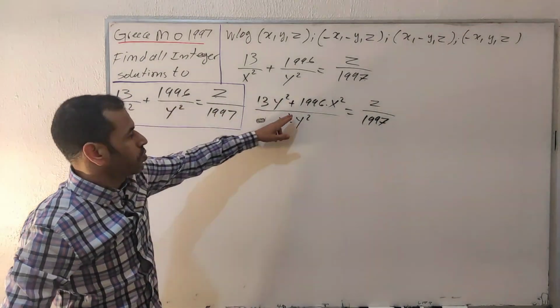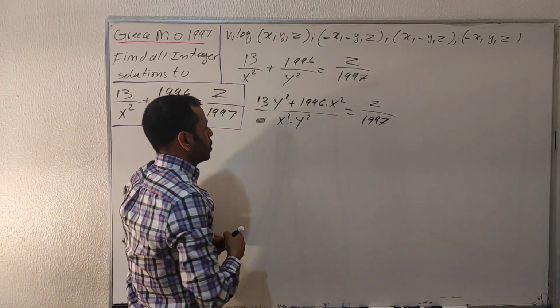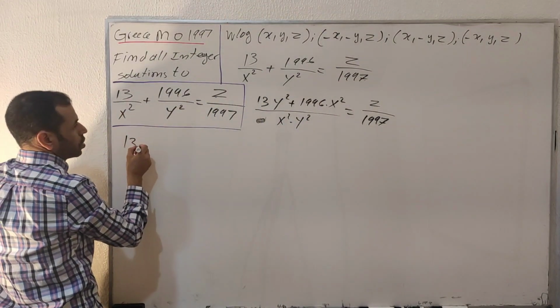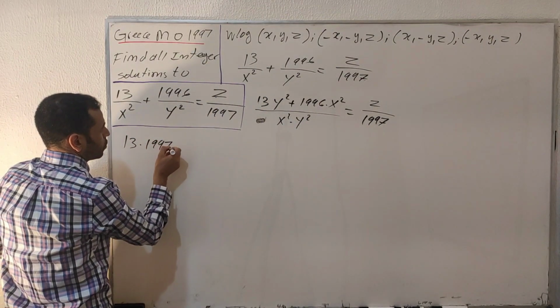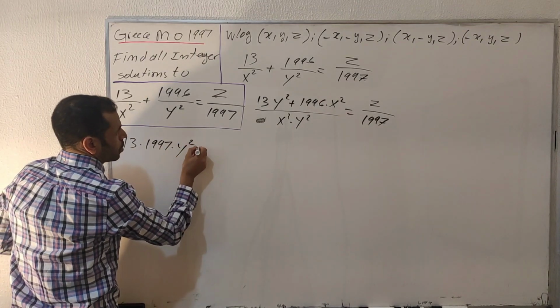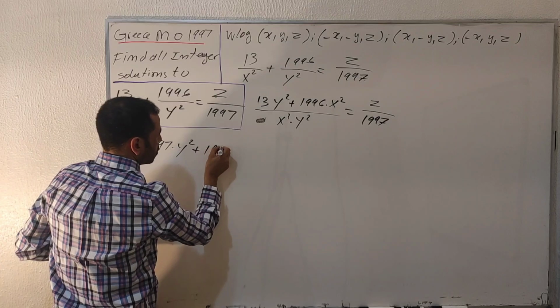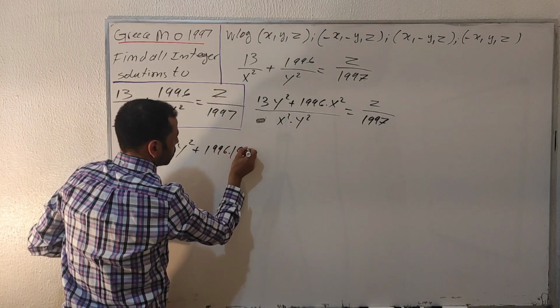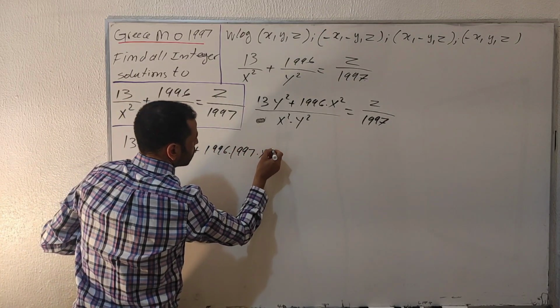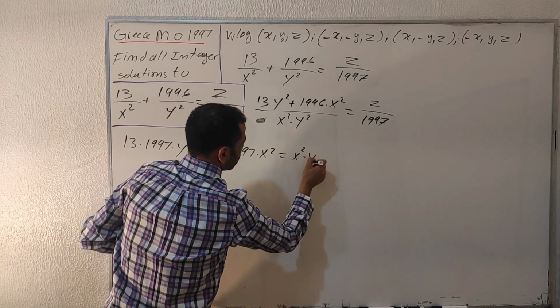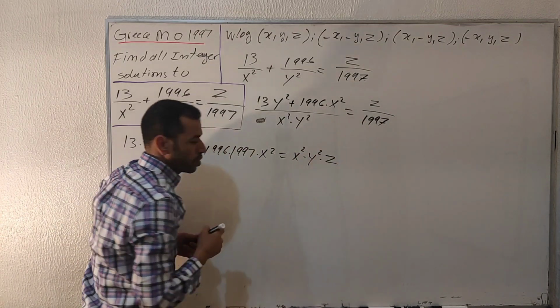Now crossing the multiplication I get 13 multiplied by 1997 multiplied by y squared plus 1996 multiplied by 1997 multiplied by x squared equals x squared multiplied by y squared multiplied by z.